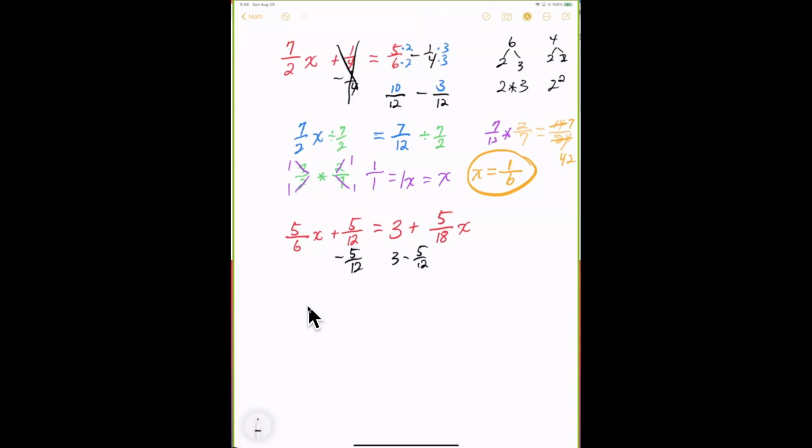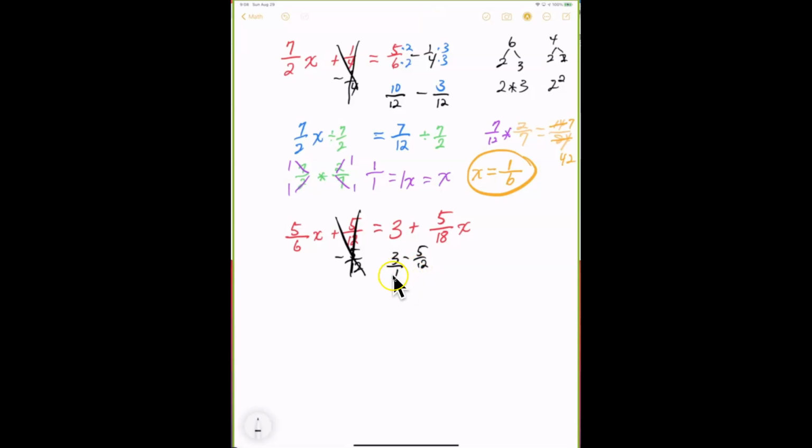And 5/12 minus 5/12 gives us 0, so that leaves 5/6x on the left. And then 3 minus 5/12, in order to do this, we need to put 3 over 1, and then we need to find the least common multiple of 1 and 12.